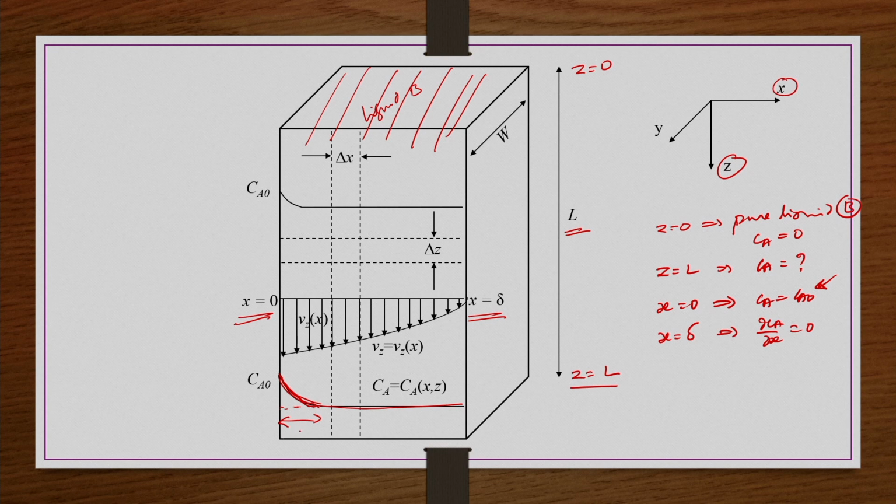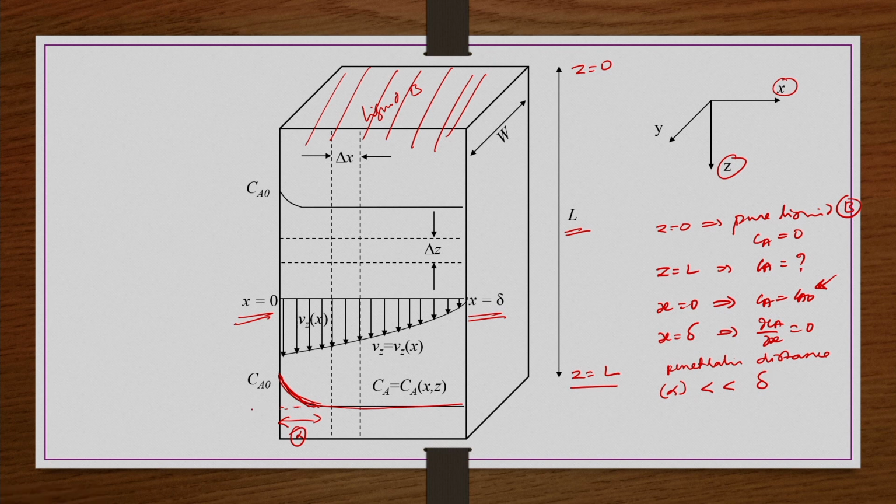Now, this penetration distance, let us call it alpha. The penetration distance alpha is very small compared to the film thickness delta.